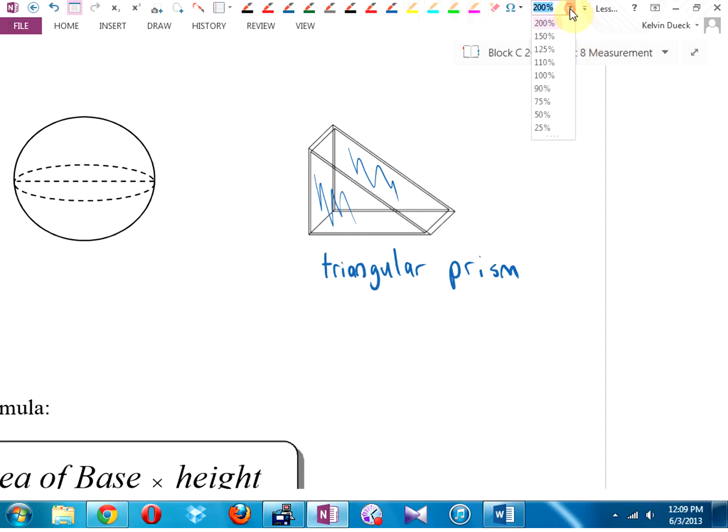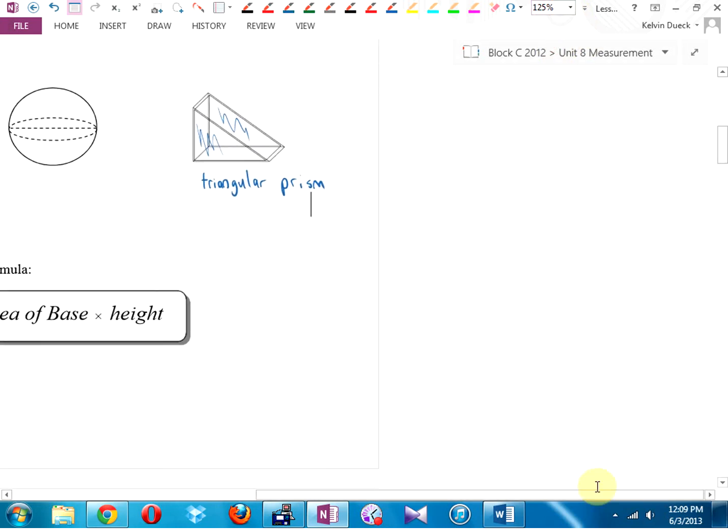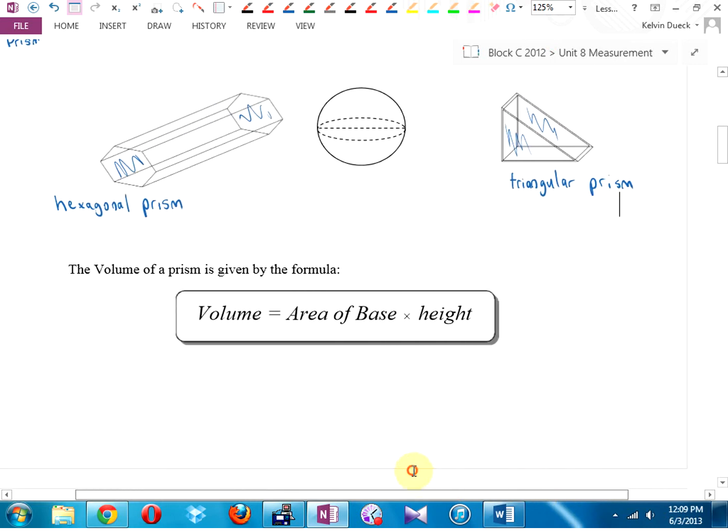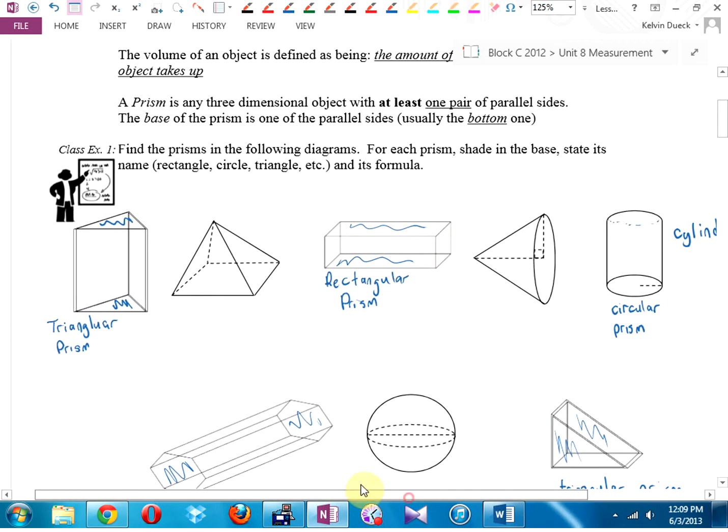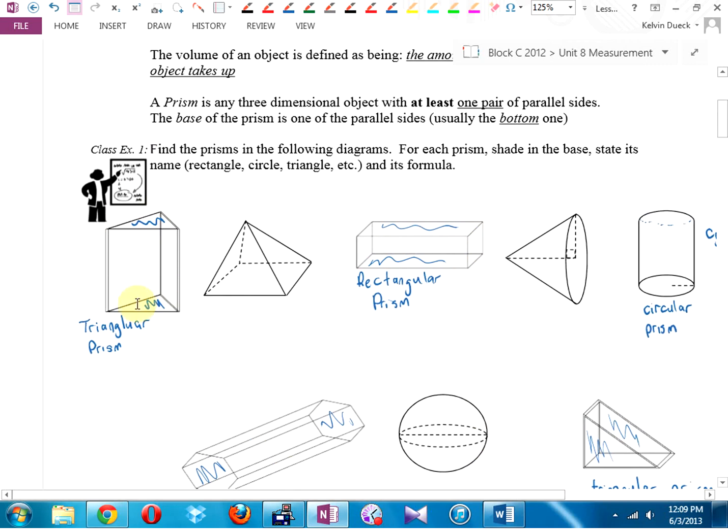And every single prism has the same volume formula. They're all the area of the base times its height. So you need to imagine laying it flat so that the 2 parallel sides are on the bottom and on the top, and it's the area of the base times the height. In other words, the area of that triangle times the height.